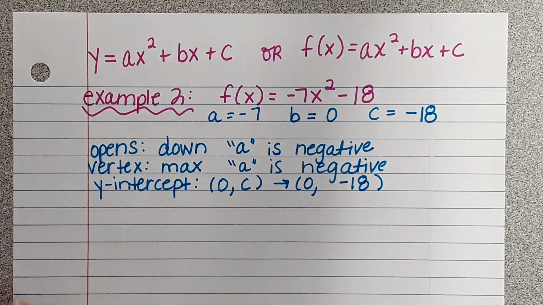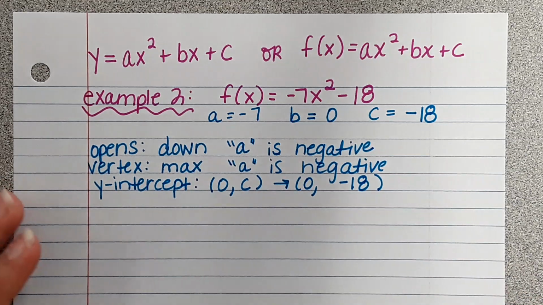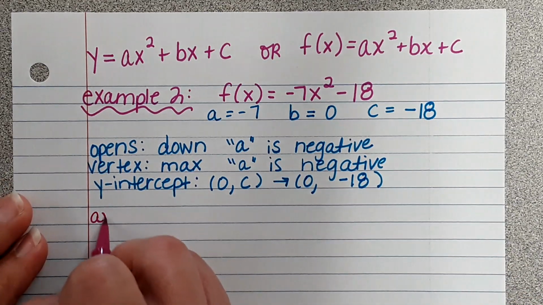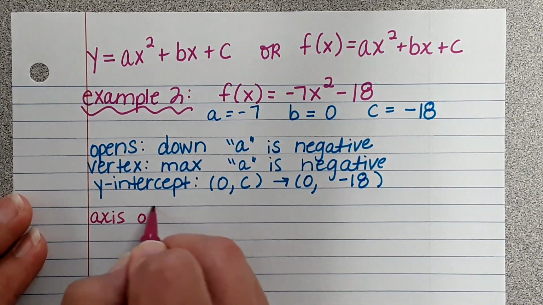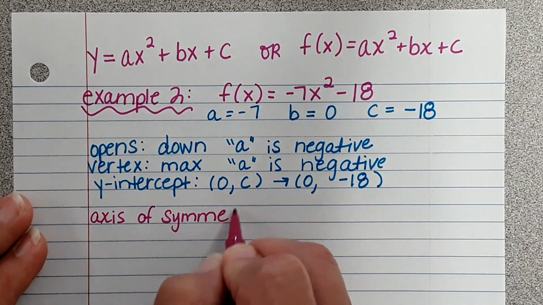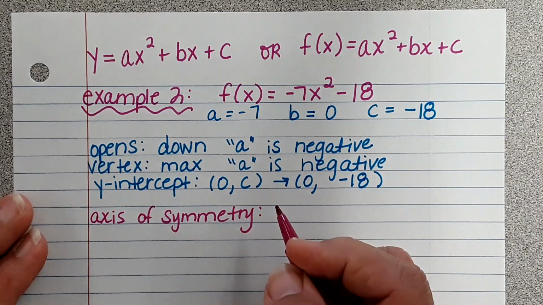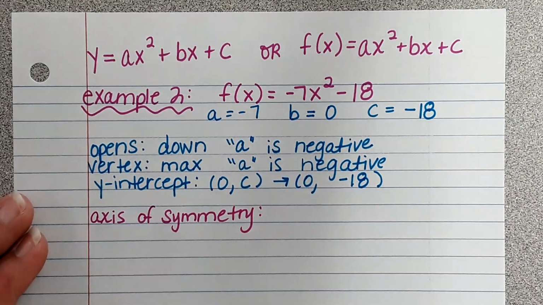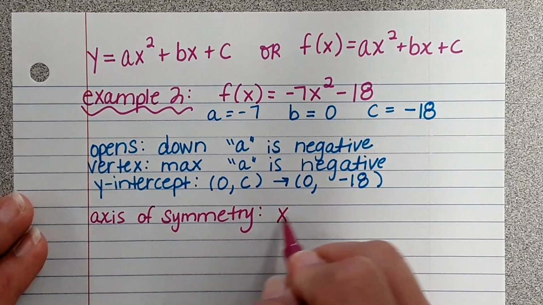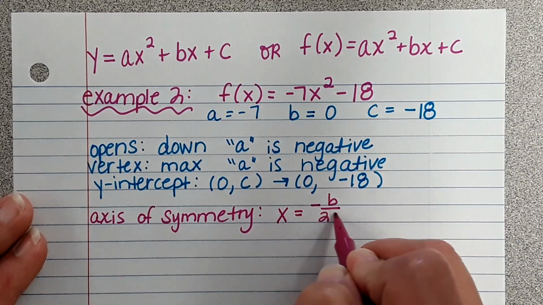Now, on Monday, this is what I wanted you to find. Then on Tuesday, we just found the axis of symmetry. You guys, these formulas never change, okay? The axis of symmetry is x equals the opposite of b over 2a.